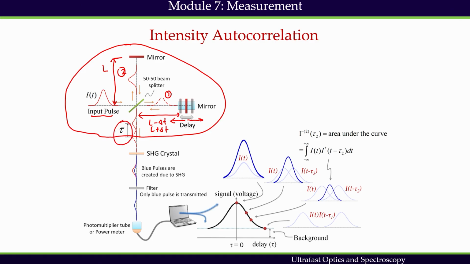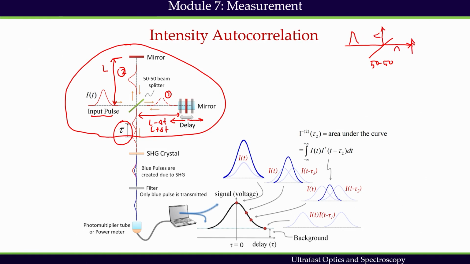A 50-50 beam splitter will always create two identical pulses. So, if this is a 50-50 beam splitter, then 50% will be transmitted and 50% will be reflected. That's why from one pulse, I get two baby pulses.